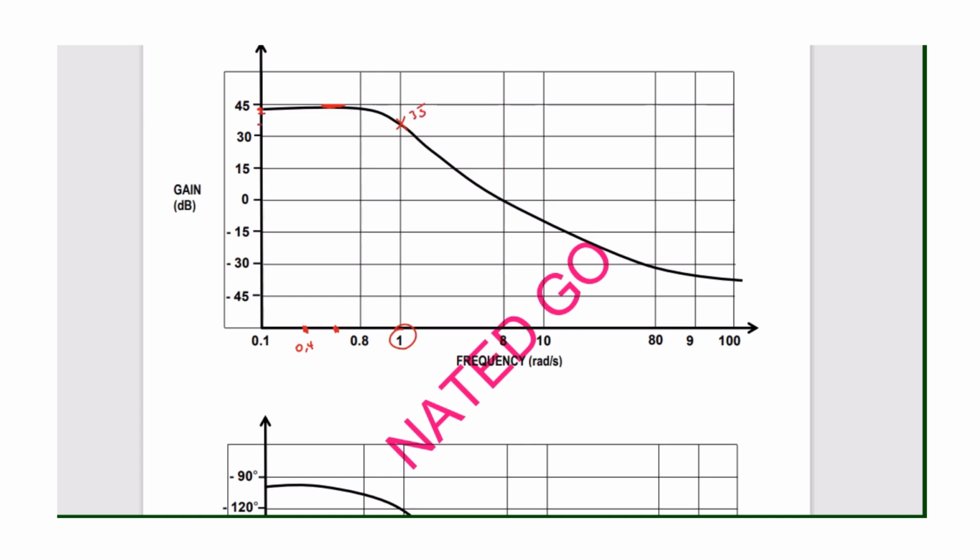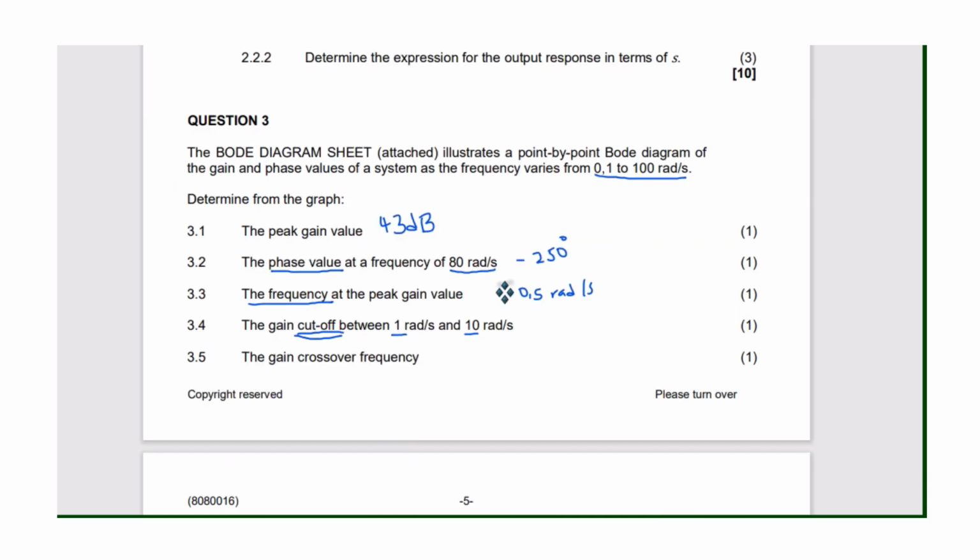So this looks like 35. And at 10, it's here. We divided 10 into minus 10 and minus 5, so this looks like minus 10. So minus 10 is the final. Initial is positive 35, which means our answer will be minus 10 minus 35, which is minus 45 decibels.